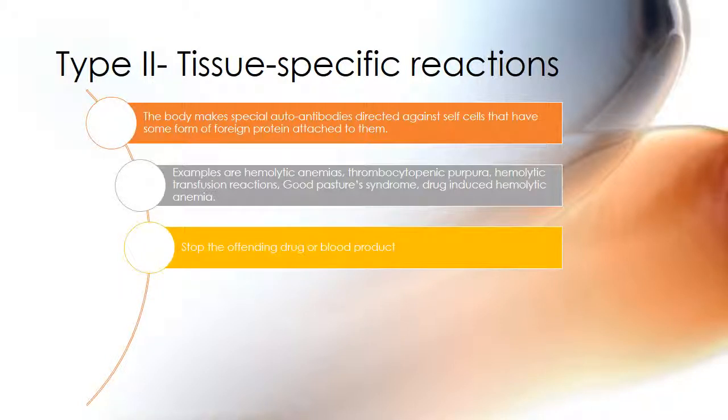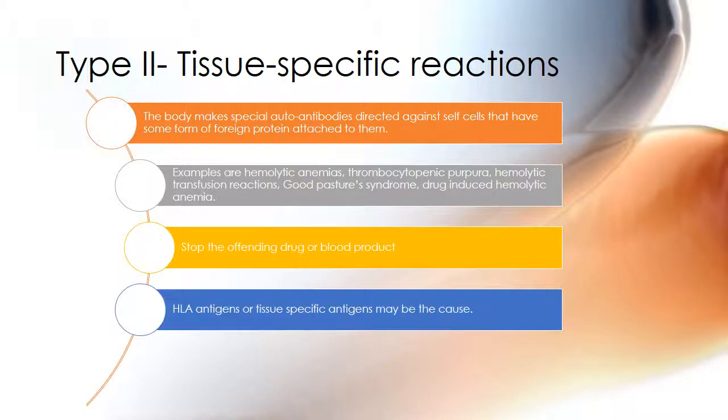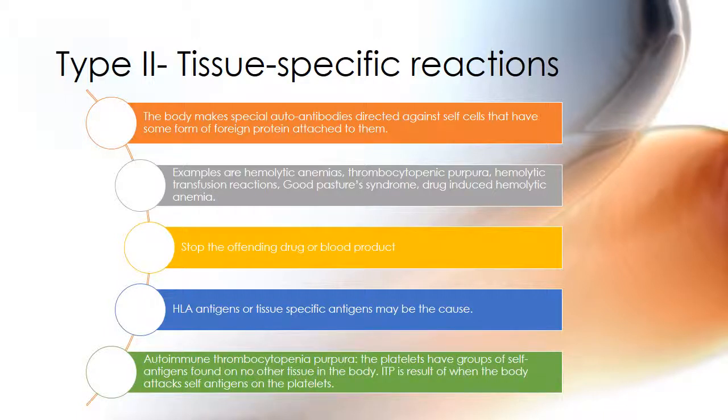If applicable, you want to stop the offending drug or blood product. HLA antigens or tissue-specific antigens may be the cause. Autoimmune thrombocytopenia purpura: the platelets have groups of self-antigens found on no other tissue in the body. ITP is a result of the body attacking self-antigens on the platelets.